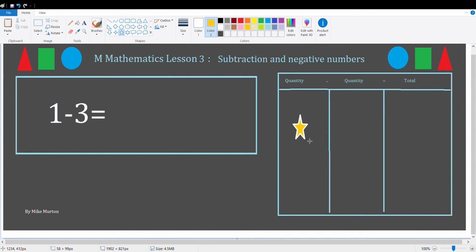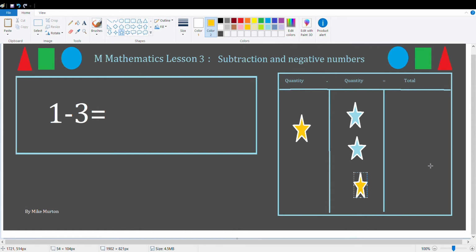This time we're going to use something a little different. I am going to make 2 blue stars and one yellow in the subtraction column, and in the regular quantity column, 1 yellow.